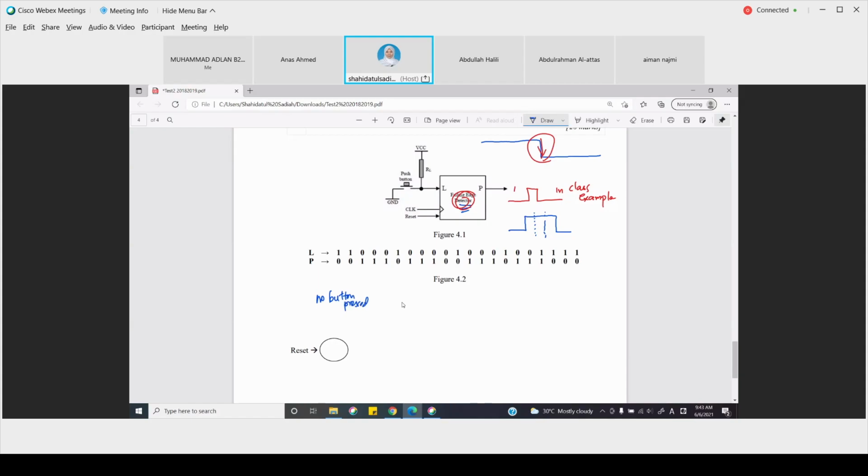If there's no button press, L will always receive 1. So let's call this state 1, just like the example in class. And the output will be 0 because there's no button press. There's no falling edge detected.